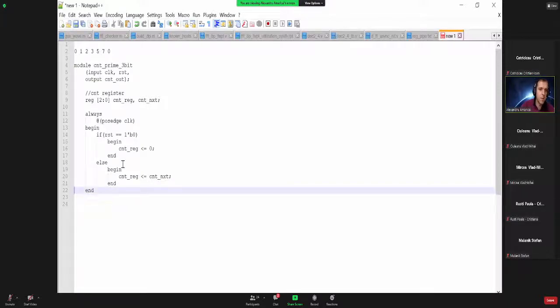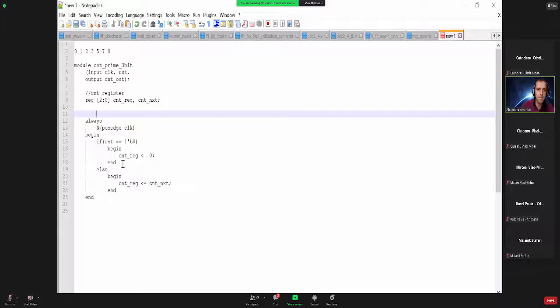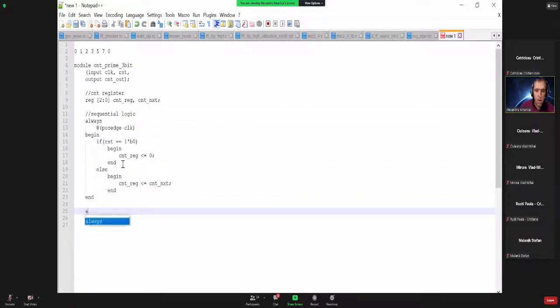Yeah. Now you have a combinational part, which in this case determines the next value.